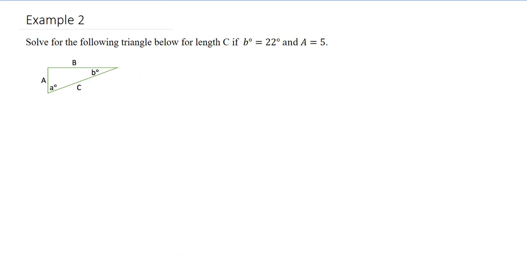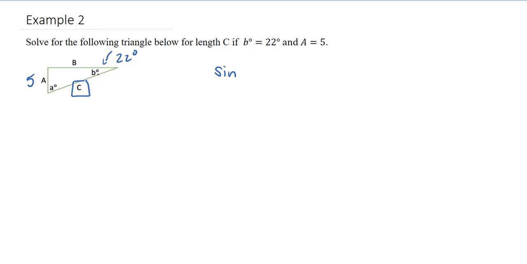Example 2. Solve for the following triangle below for the length C if B is 22 degrees and A is equal to 5. So let's go over what we know. B is 22 degrees, A is equal to 5. If we're solving for C, let's go through our trig functions to see what we can do.